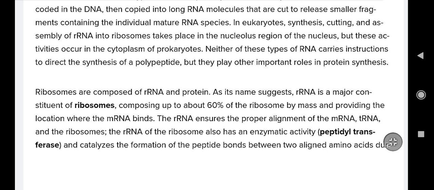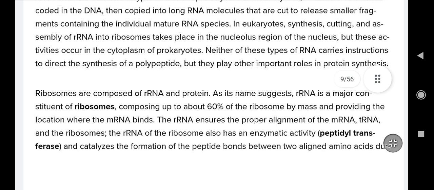It composes about 60% of the ribosome, and it provides the location where the mRNA binds. So rRNA is just like a map, like a direction or GPS. It directs the ribosome where it has to bind to initiate the translation process. Even after initiation, during peptide bond formation also, it somehow directs.